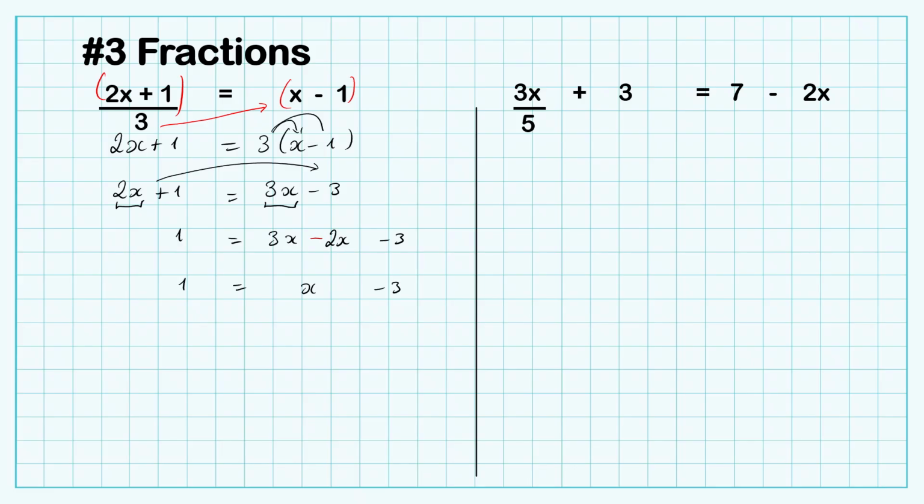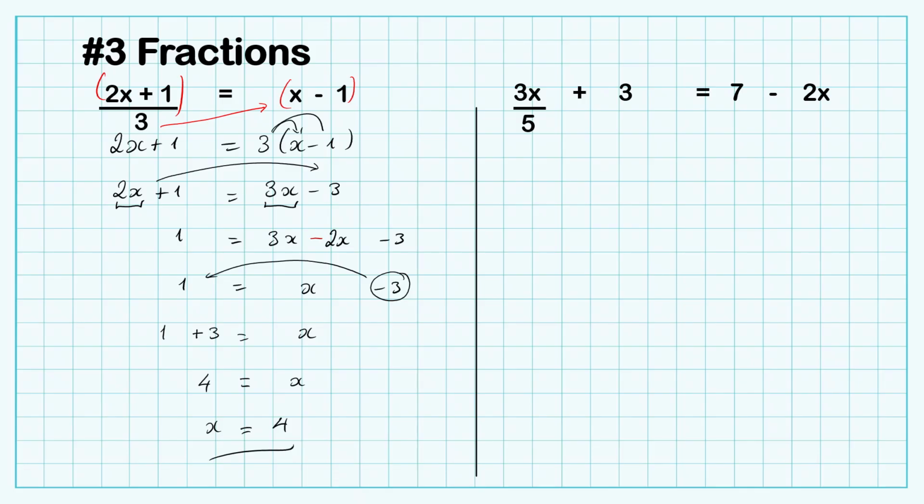Then we've got to move minus 3 to the left hand side, so x is on its own, and when minus 3 goes to the left, it becomes plus 3, and then we drop 1 down, and we get x equals 4, or rather 4 is equal to x, and then we just transfer the x to the left. Here we go, that's done.